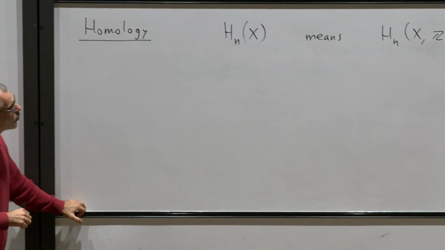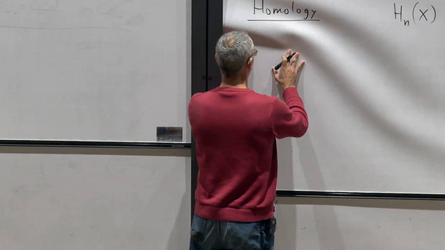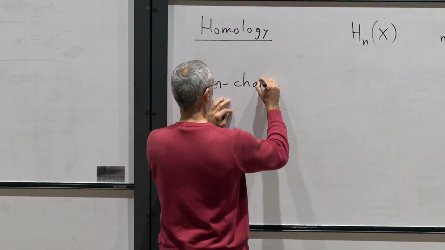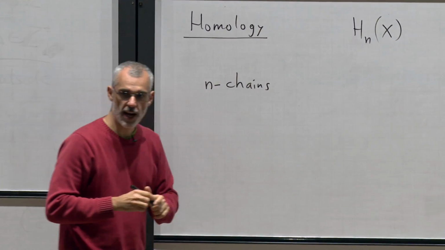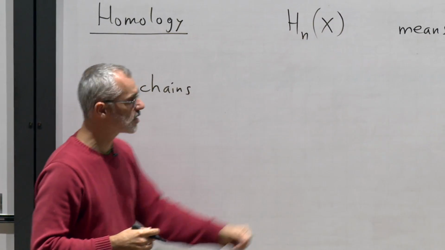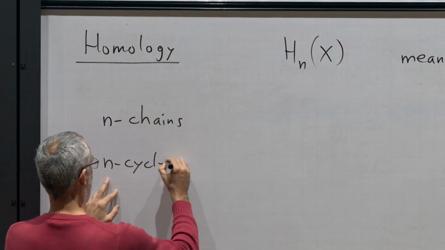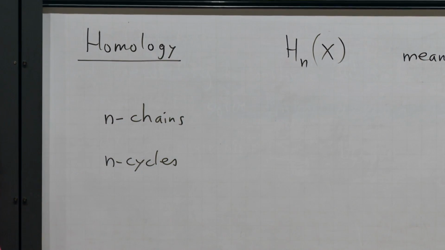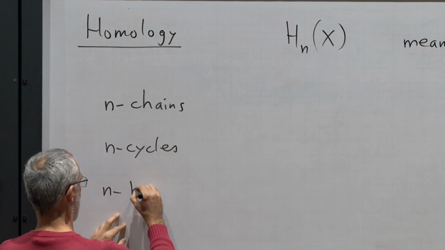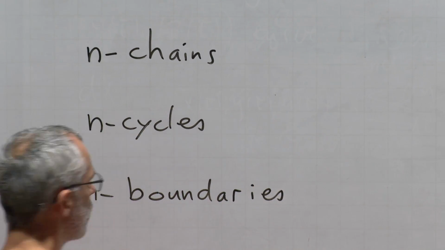Here's some terminology that I'm going to introduce in a moment. There's the notion of n-dimensional chains, n-chains. It's always for some topological space X. There's a notion of n cycles. There's a notion of n boundaries.